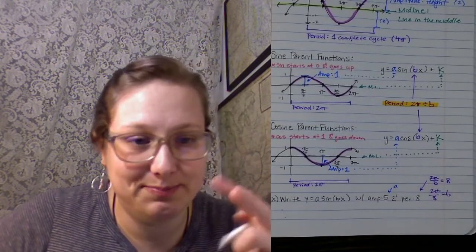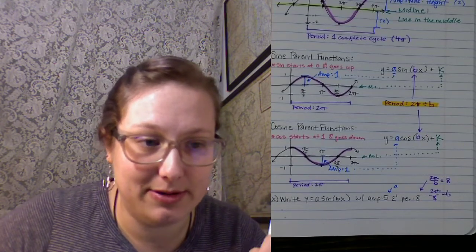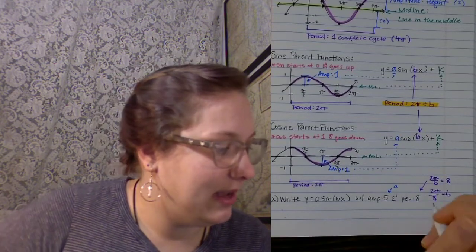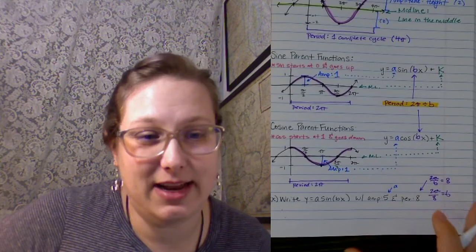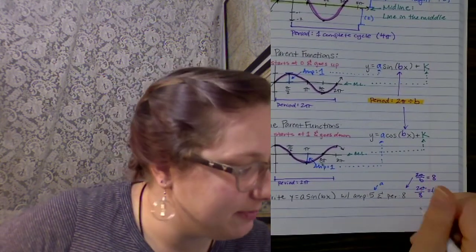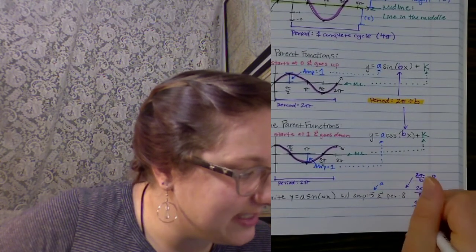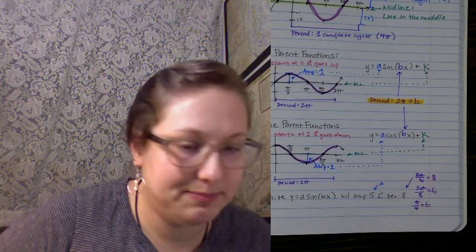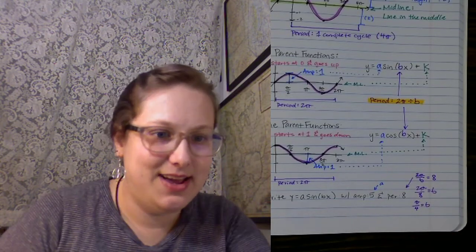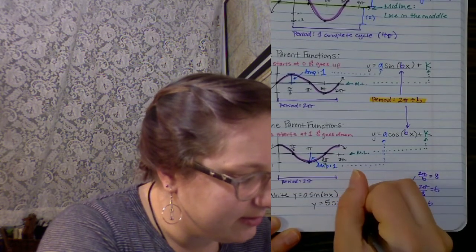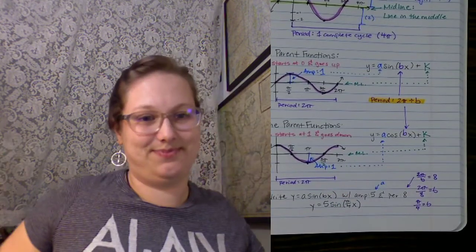I just switched them. I switched the bottom with the other number. It's legal. And then I clean this up. 2 pi over 8 is like a pi over 4, because 2 8s simplify to pi over 4. So then my equation is y equals 5 sine of pi over 4 x. We did it!